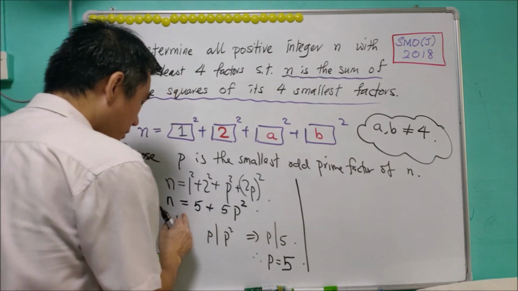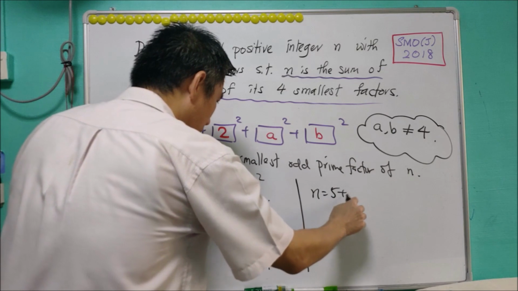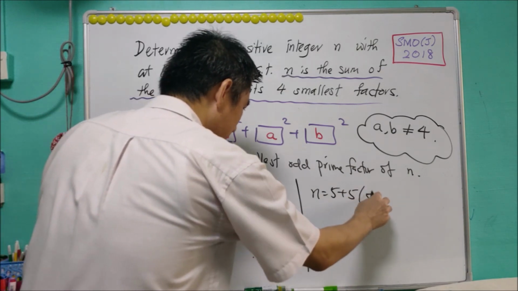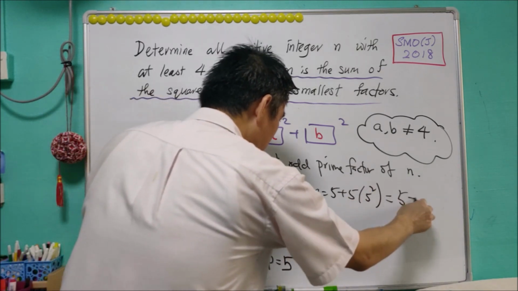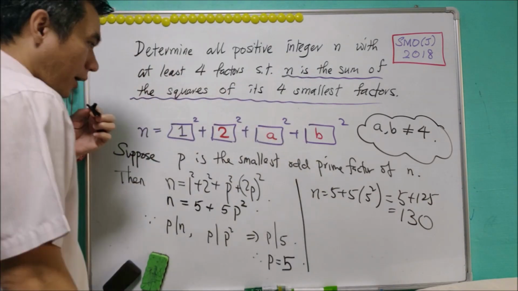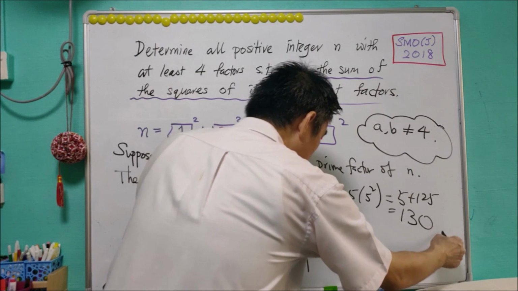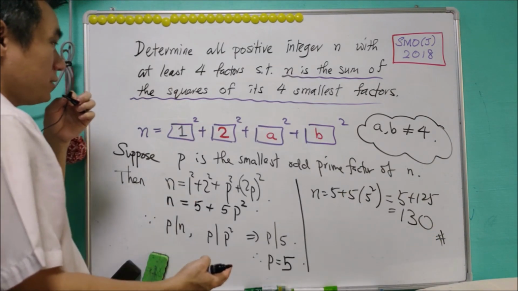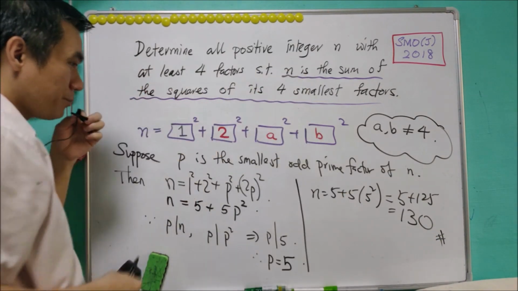Since p equals 5, then n is equal to 5 plus 5p squared, and this is equal to 5 plus 125, that is 130. And n equals 130 is the only positive integer n with this property.